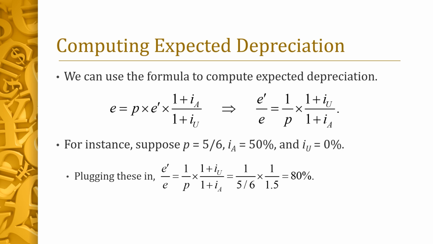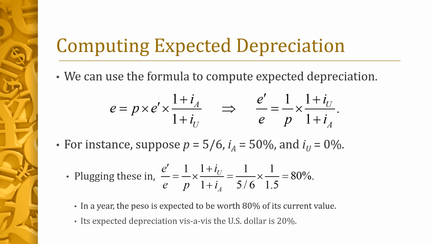This turns out to equal 80%. That is, the peso's expected value in 1 year, E prime, is 80% of its current value of E. In other words, the peso is expected to depreciate by 20% in relation to the US dollar.